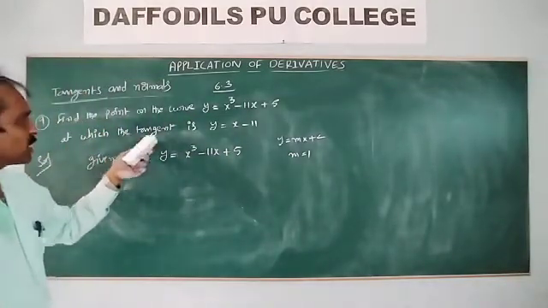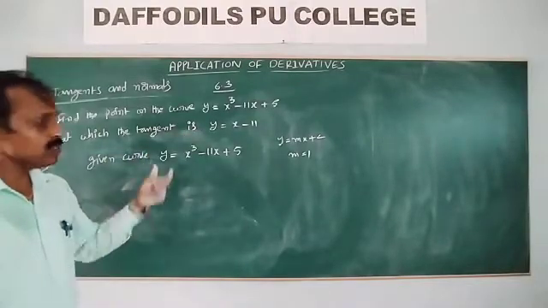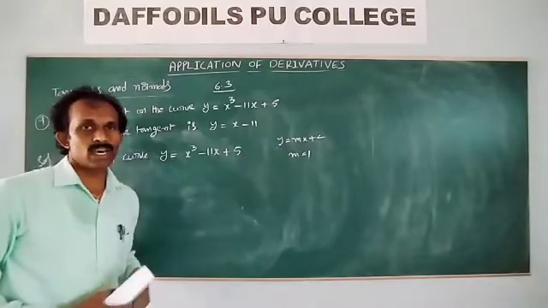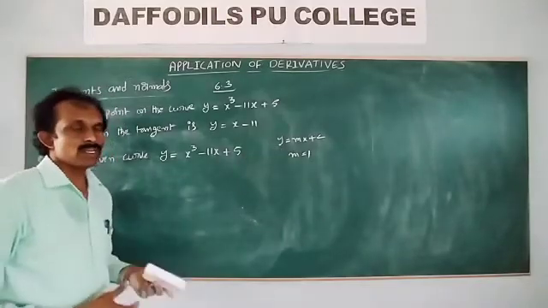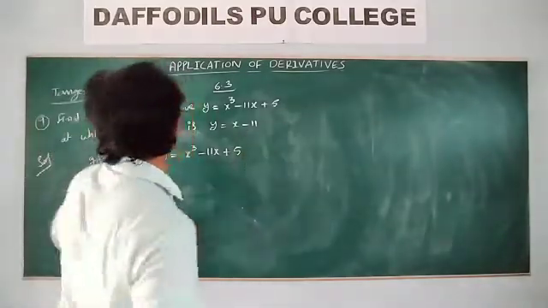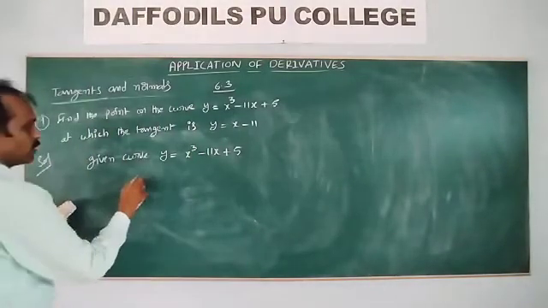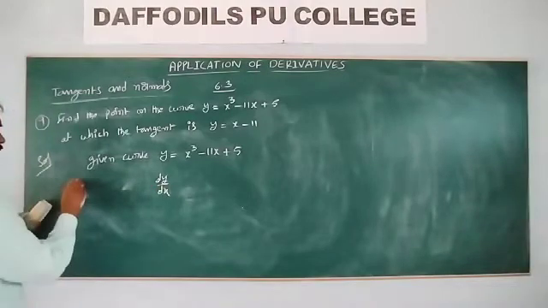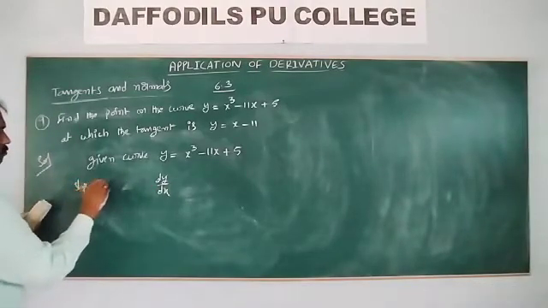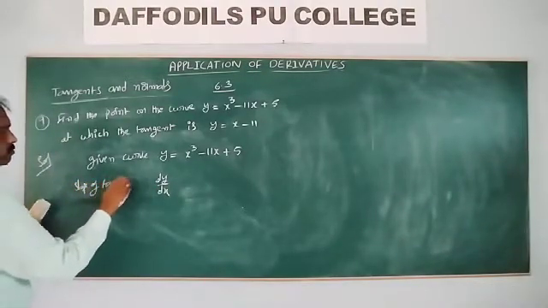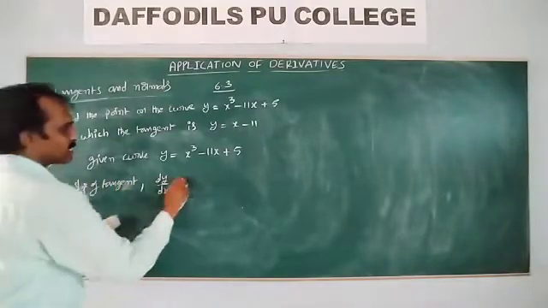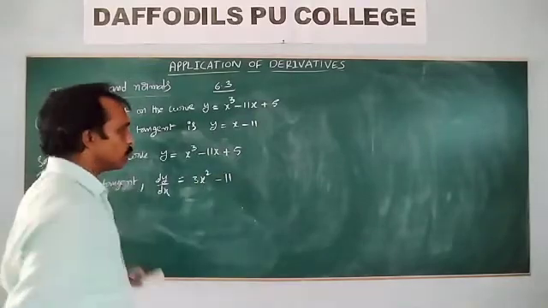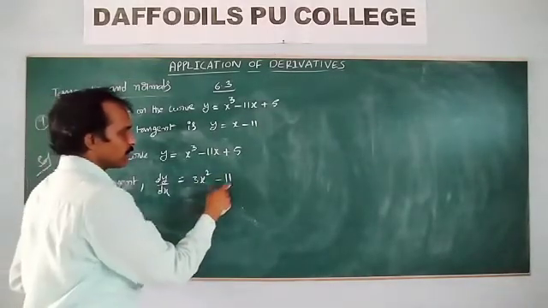So, dy by dx and this slope are both the same. You equate both and you get the answer. The slope of the tangent, dy by dx, is 3x square minus 11.